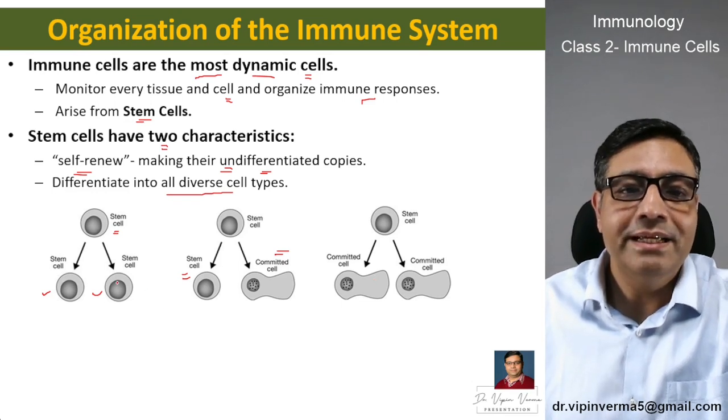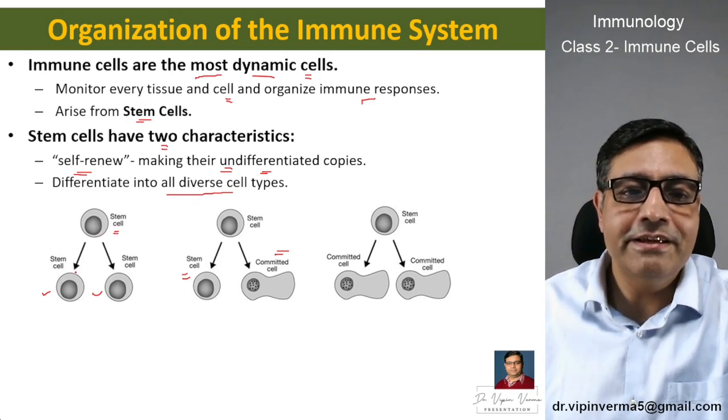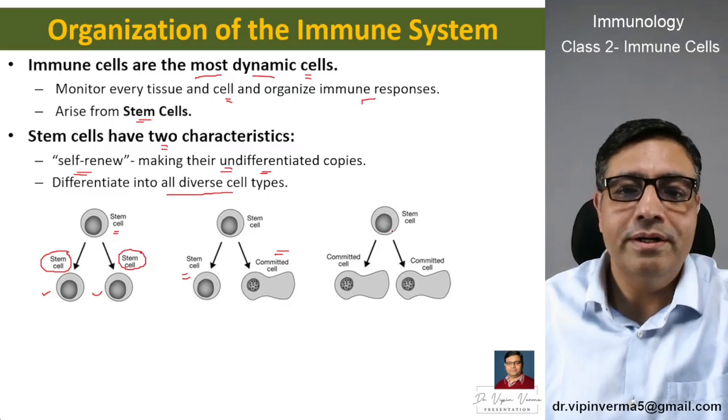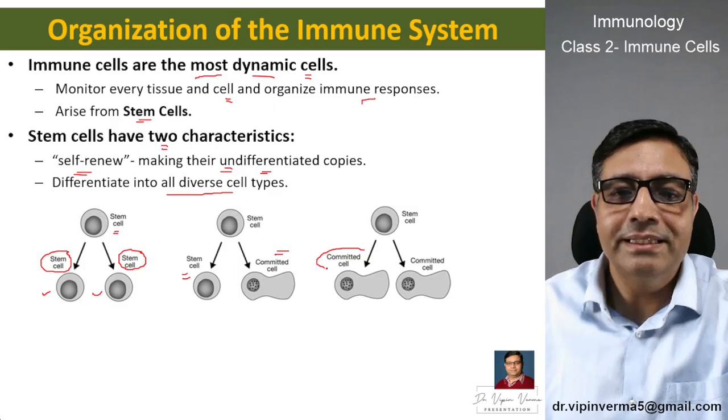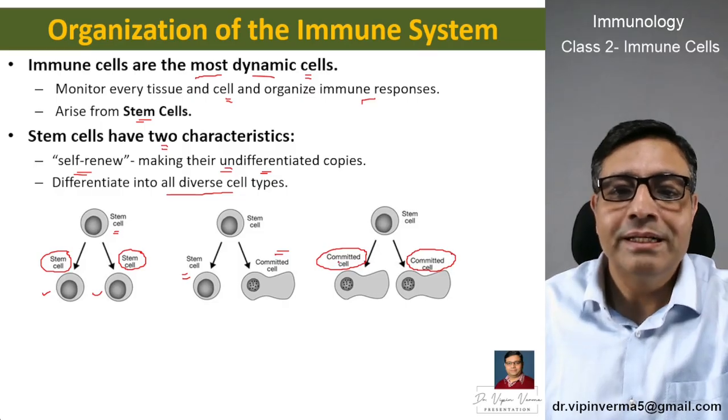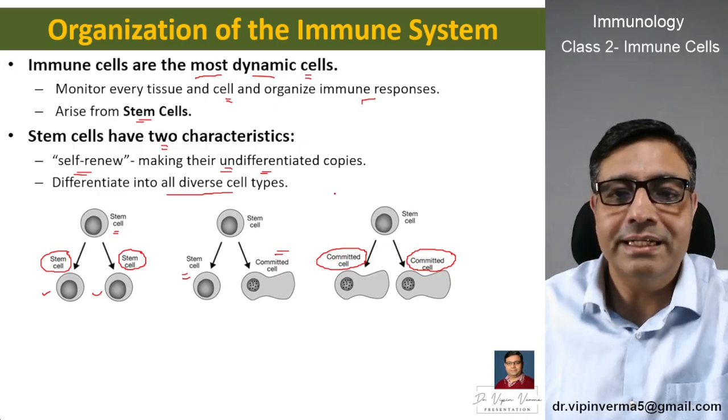So when one mother cell is giving rise to two cells of the same kind, either this is a stem cell and this is also a stem cell, or this is a committed cell and this is also a committed cell, we call this kind of cell division a symmetric cell division.